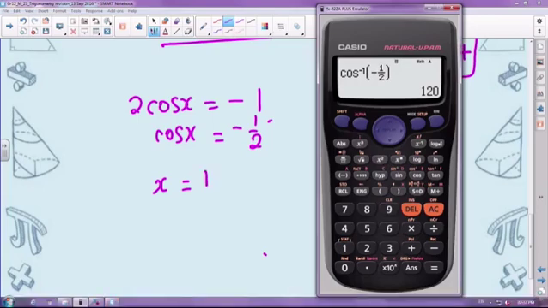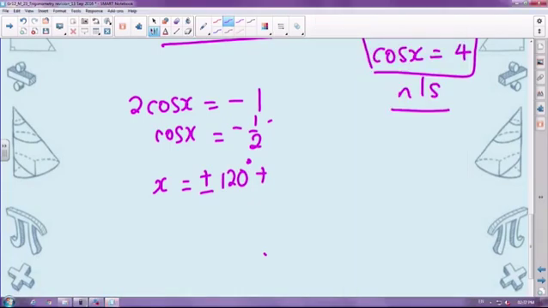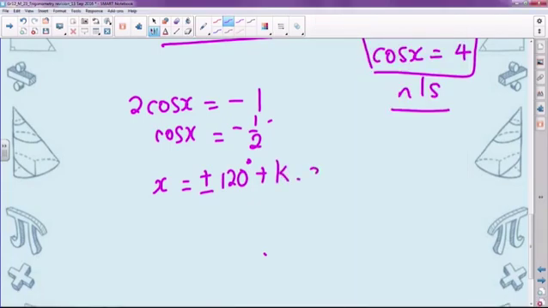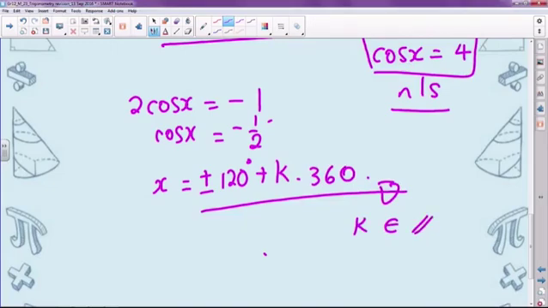Therefore, x is going to be equal to plus or minus 120 degrees plus k times 360. That's the general solution. You can use a k or an n, it really doesn't matter as long as you state that whatever variable you've used is an element of integers.